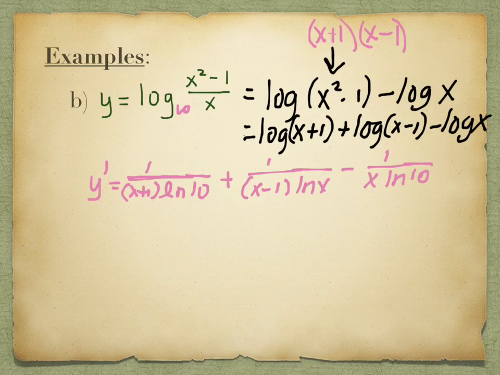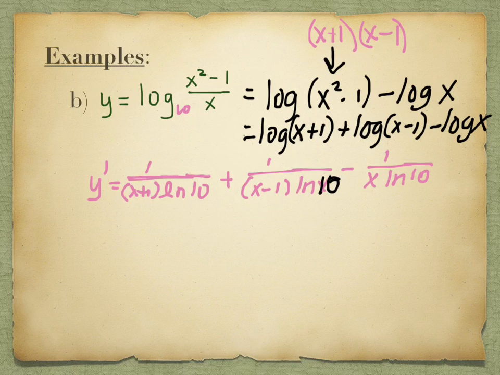So the derivative was easy, but then the algebra at the end is messier. That's what happens sometimes. So as I'm looking at this algebra, I'll just use black. Oh, and I messed one up. Nobody told me I messed it up. That was natural log of 10, not x.